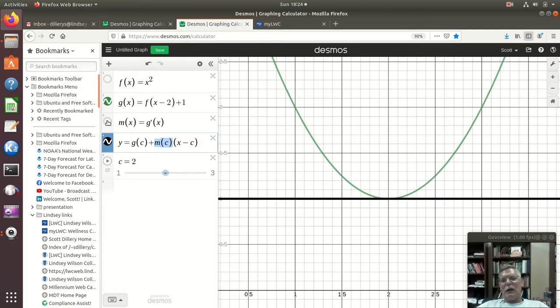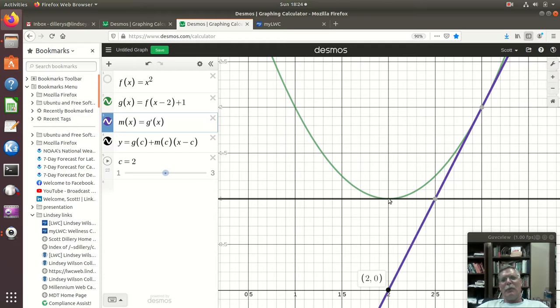Now, if I turn this back on, it actually becomes a bit more interesting, because this is my function. So for each x, I am computing what that derivative should be. And notice right there, at 2, it's 0.